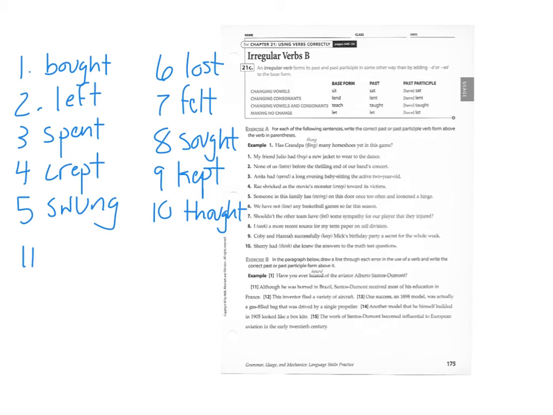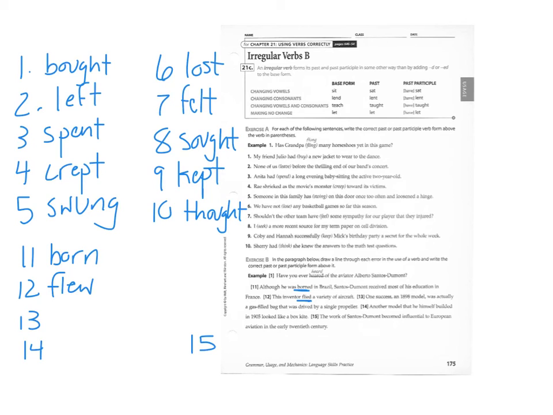Okay, and then we have 11 to 15 in exercise B. So we just want to figure out the correct verb in each one. So for 11, we're going to say not borned, it's going to be born. All right. For number 12, it's not going to be flied, it's going to be flew. That's the past.